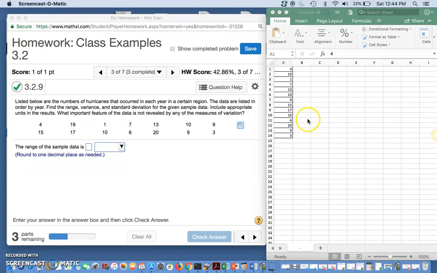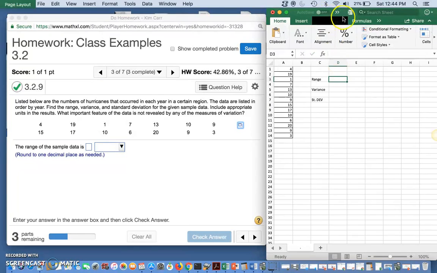Okay, you're looking over here, and what is it that you actually want? You want the range, you want the variance, and you want the standard deviation. Those are the things that we want.